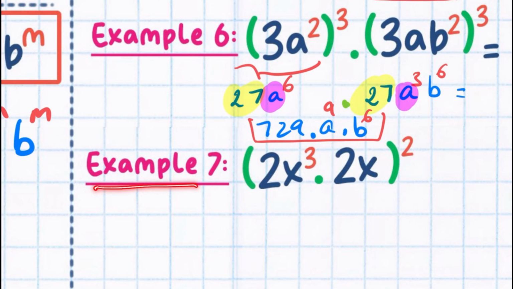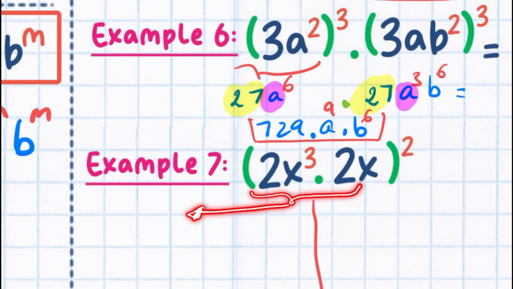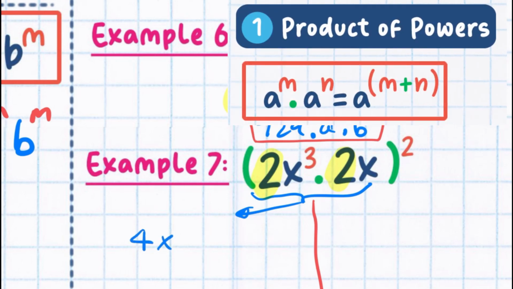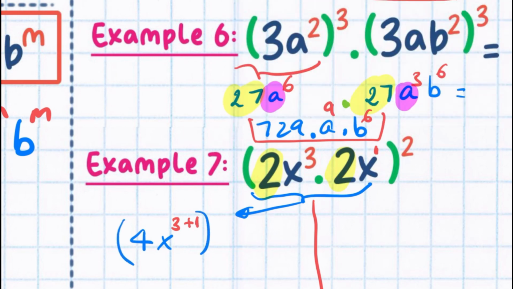Okay, example 7. I'm going to show you 2 ways to do this. We can simplify what's inside the parentheses and then raise it to the power of 2. So 2 times 2 is 4. My base is x to the power of 3 plus 1 raised to the power of 2. So I'm going to work the things inside my parentheses.